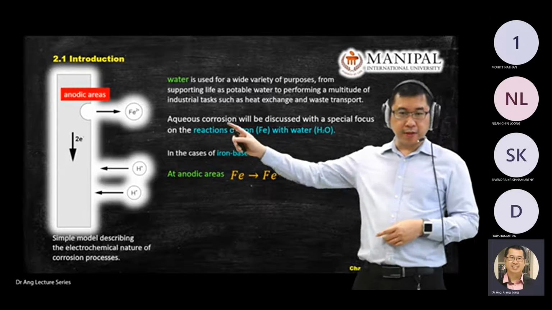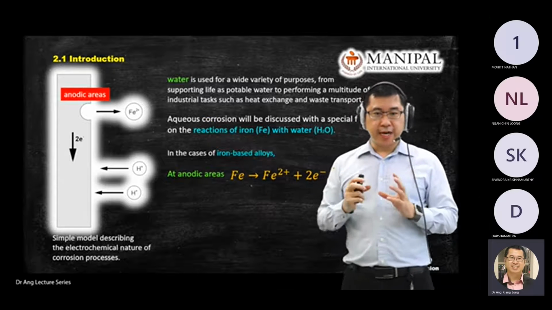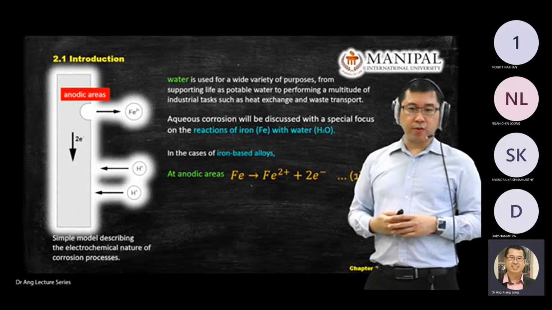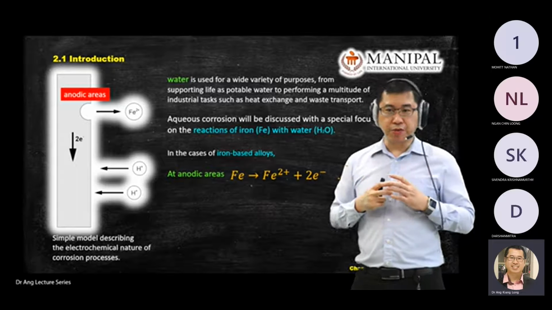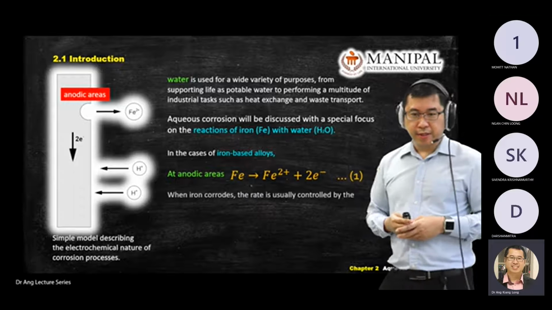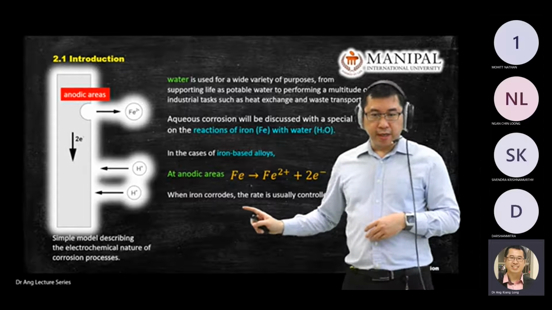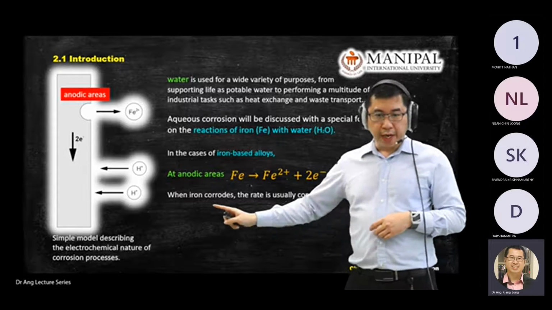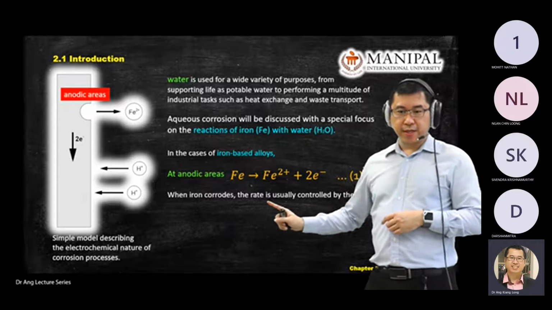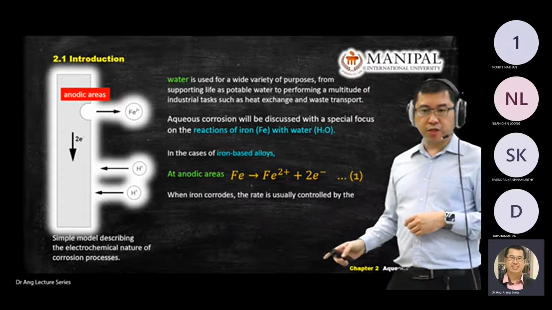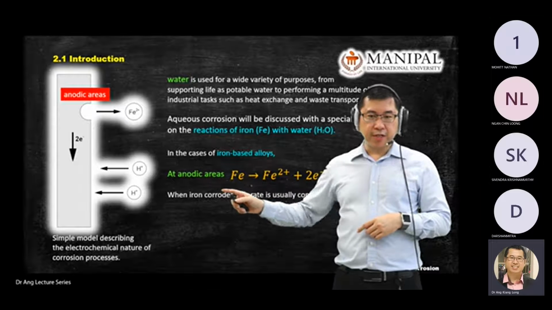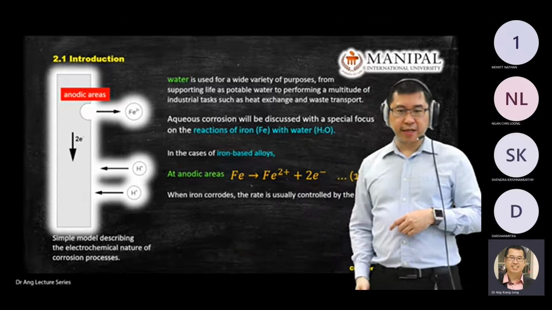So I labeled the schematic diagram there. You have a negative polar, or an anodic area, where the anodic area is an area that contributes negative charge. Then when corrosion happens in the metals, the rate of corrosion is controlled by another area. Opposite of anodic, we call cathodic area.